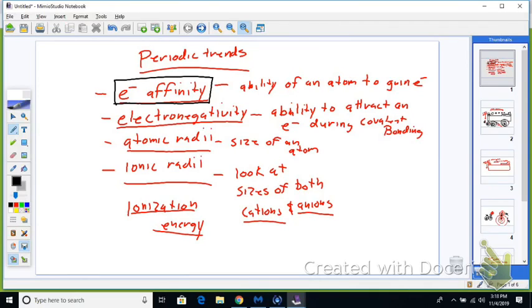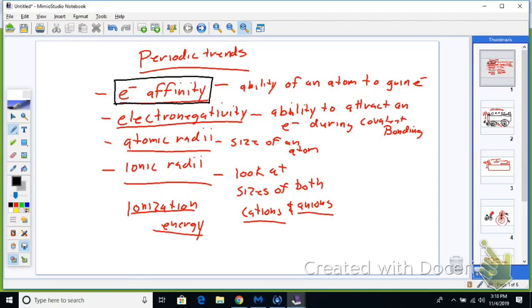So what do you look for to see that electrons aren't going to be pulled in? What atoms or groups of elements don't pull in electrons? They're half full or completely full.